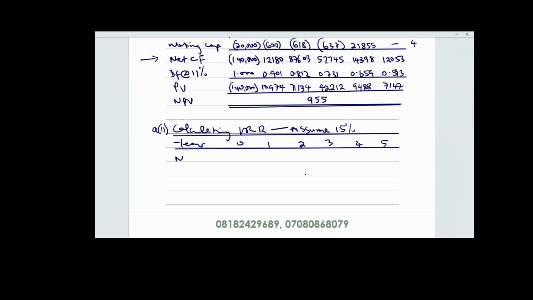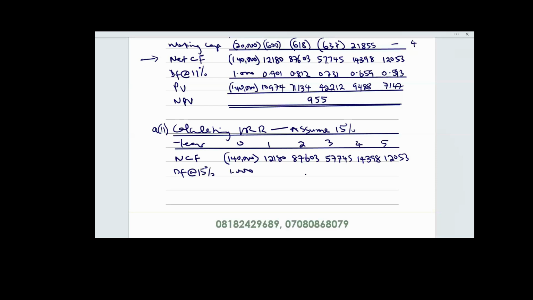The net cash flow for year 0 is 140,000, then 12,180, 87,603, 57,745, 14,398, 12,053. A student should go ahead and give me the discount factor at 15% for each year before I ask.